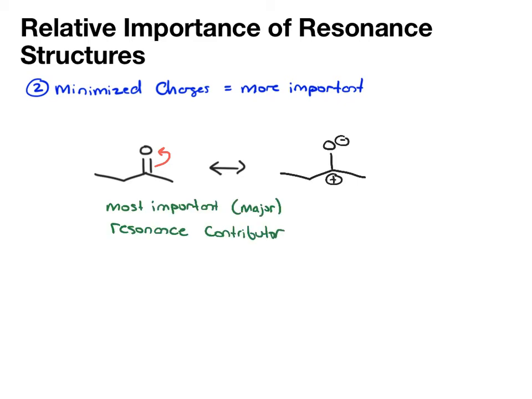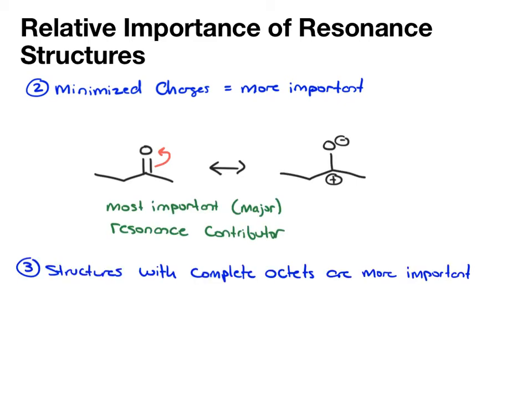The third thing is that resonance structures with complete octets are more important. So let's look at this, and I'm drawing in the hydrogens just so we can keep track of things a little more easily.